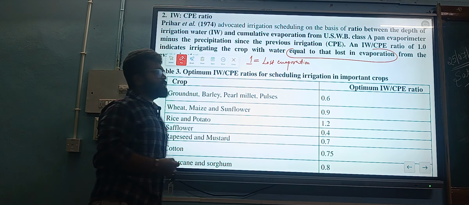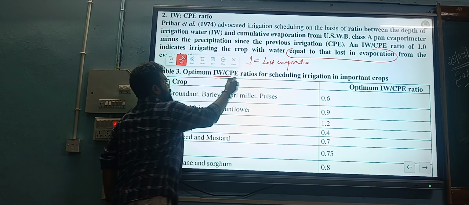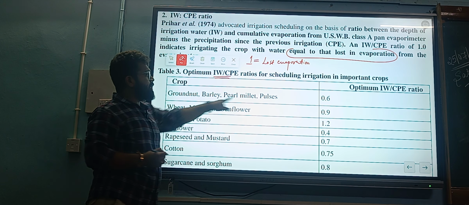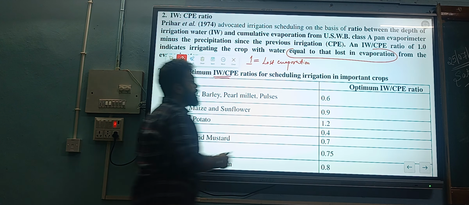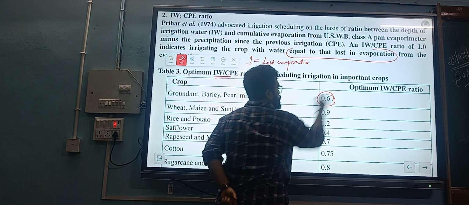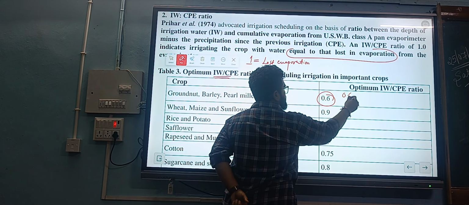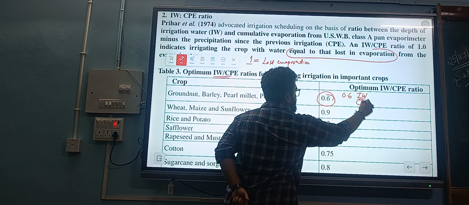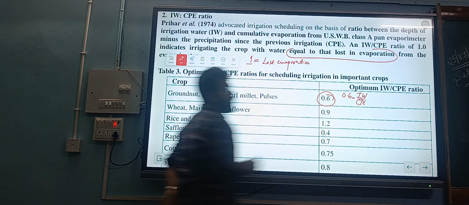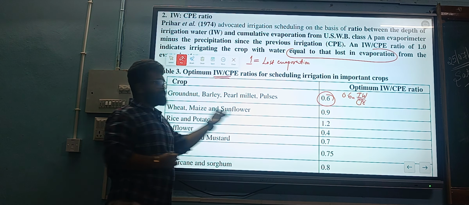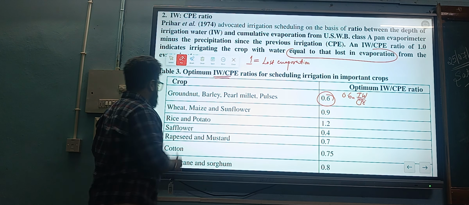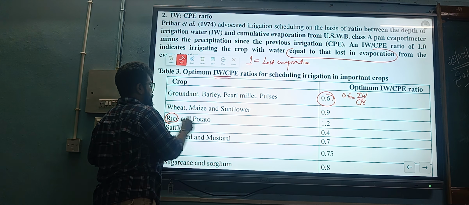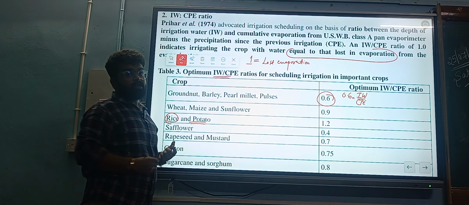A few IW by CPE ratios are there. For example, crops such as groundnut, barley, and pearl millet, you have to irrigate at an IW by CPE ratio of 0.6. That is, irrigation water divided by cumulative pan evaporation ratio is 0.6. Then wheat, maize, sunflower, it is 0.9. Rice and potato it is 1.2, because the water requirement is high.